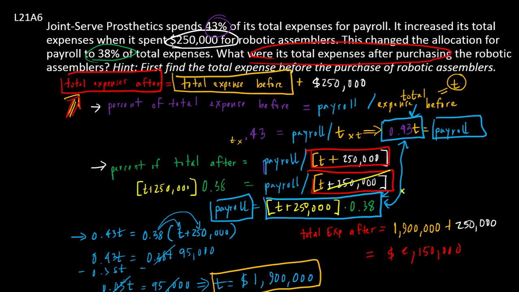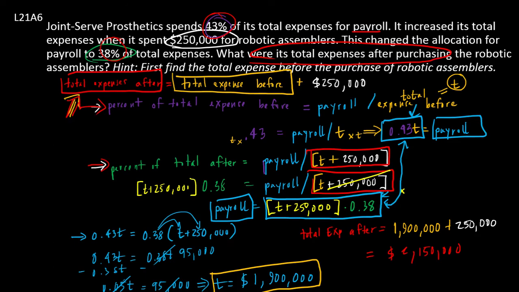Then I used my percent of total expenses equation, both for expenses before and expenses after, because they gave me the percentages for each. I rearranged both of these equations to solve for payroll, because remember, the amount that we're paying for payroll didn't change, but as we added a bigger budget, the percent of the budget that payroll represented shrank.